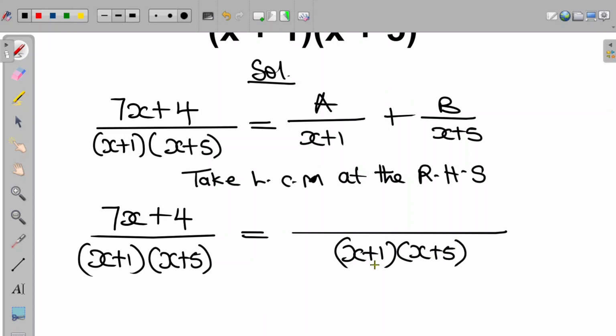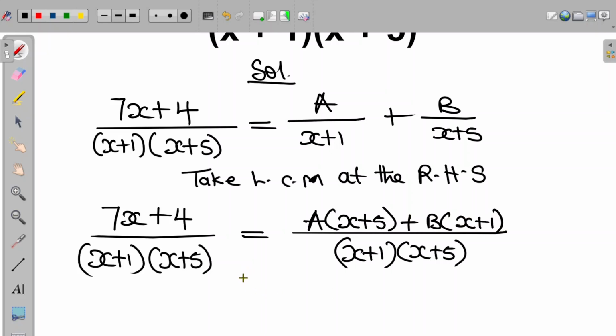So (x + 1)(x + 5) divided by (x + 1) will be left with (x + 5), and (x + 5) multiplied by A is A(x + 5). Also, (x + 1)(x + 5) divided by (x + 5) will be left with (x + 1), and (x + 1) multiplied by B will be B(x + 1).